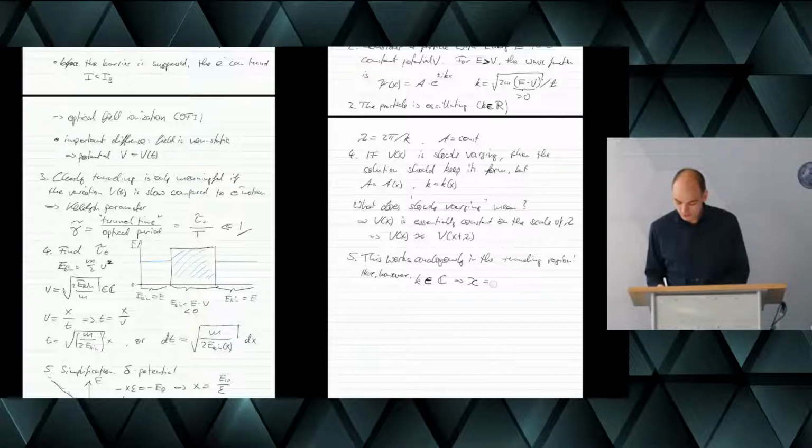This is now I times K, and this is the square root of 2m(V minus E) over h bar, which is now larger than 0 because we exchanged V and E there. Then the wave function would be exponentially decaying. Note that I'm writing minus plus instead of plus minus.